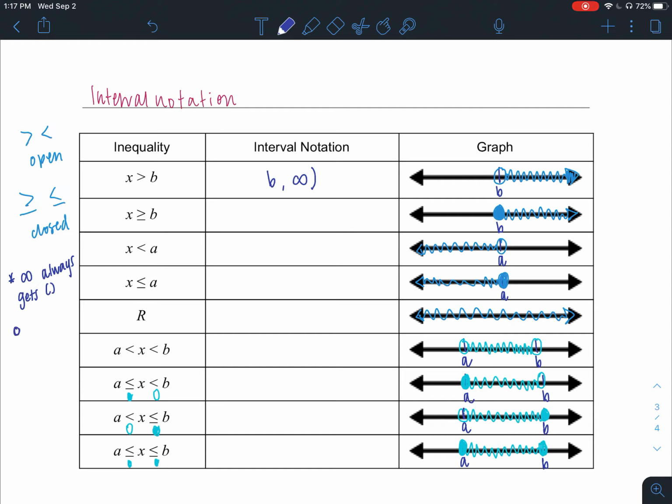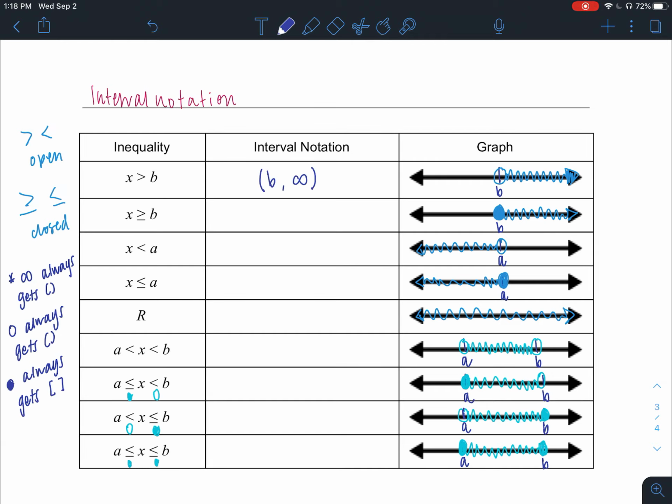If it's an open circle, if I have an open circle, it always gets parentheses, and a closed circle always gets brackets. I may have said that wrong, but I have it written down correctly. Okay, so since I have an open circle on B, I'm going to have it written like that.